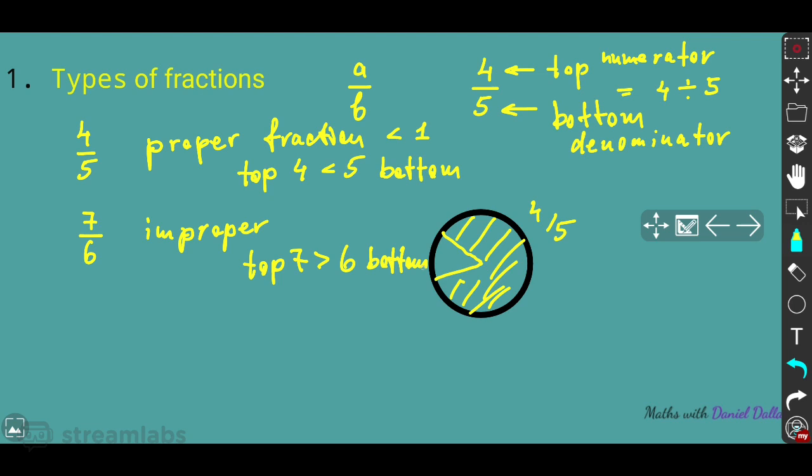When we have an improper fraction, it means we always have more than 1. If we compare the value of this fraction in comparison with the bottom one, we'll obviously get a value more than 1. Okay, that's how we can categorize, and then how we can estimate the value.